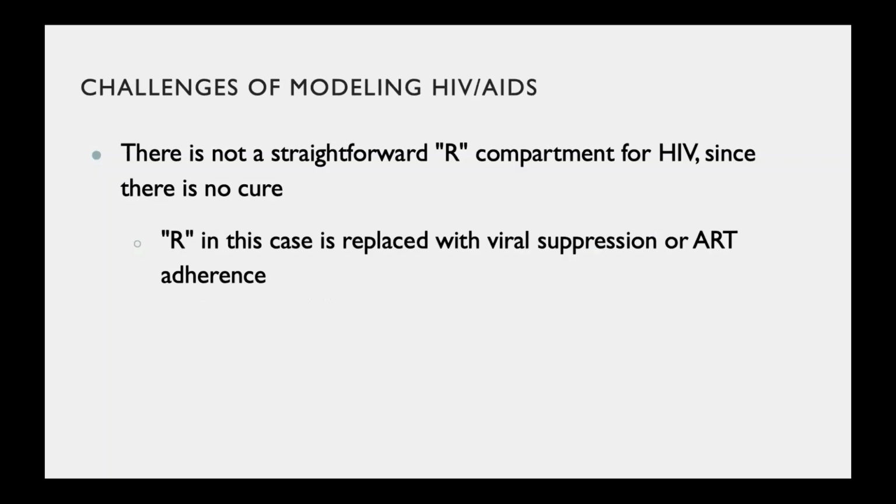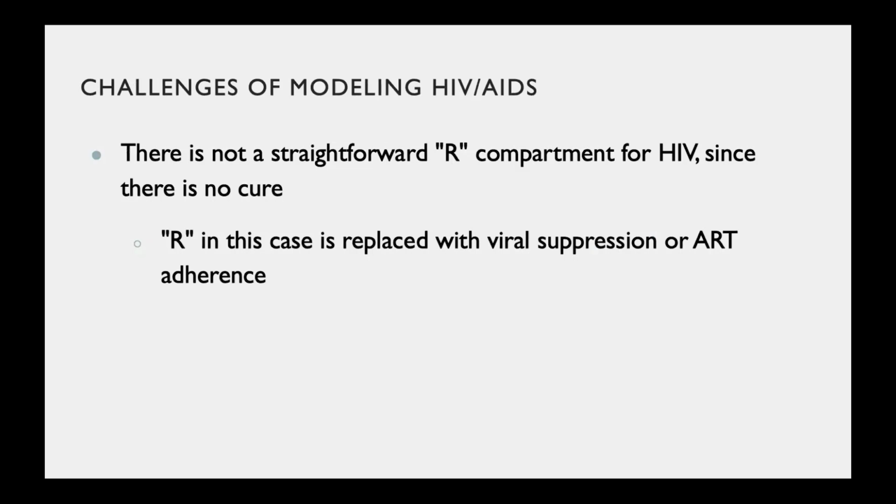The other thing that doesn't work when it comes to HIV a lot of the time is people are reaching optimal health, and that's considered, quote unquote, recovered, or at least of good health for that ARC compartment.